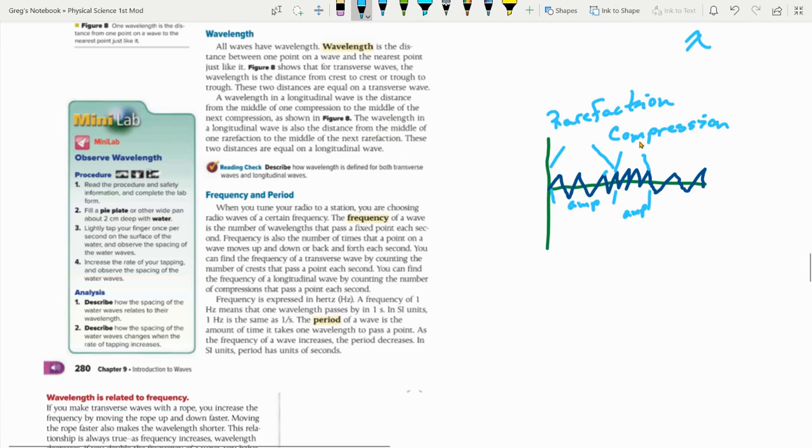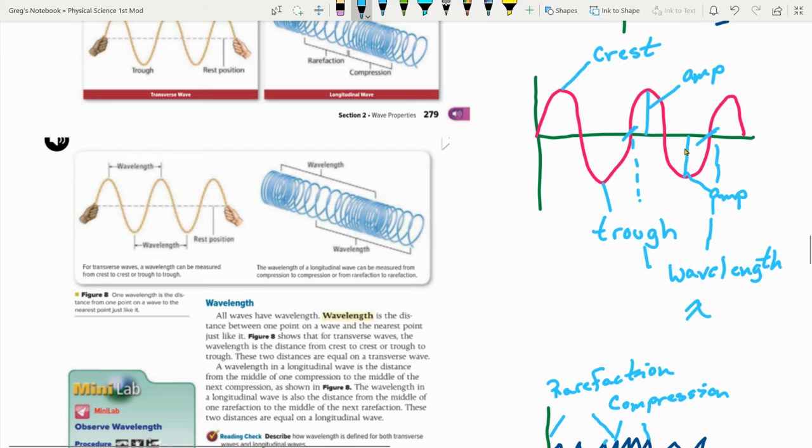Now, just like here, up here, say this is a sound wave, okay? And you can hear my voice right now. If I add amplitude to get this to go up, my voice is going to get a lot louder. The louder my voice is, the higher the amplitude. The softer my voice is, the smaller the amplitude, okay?